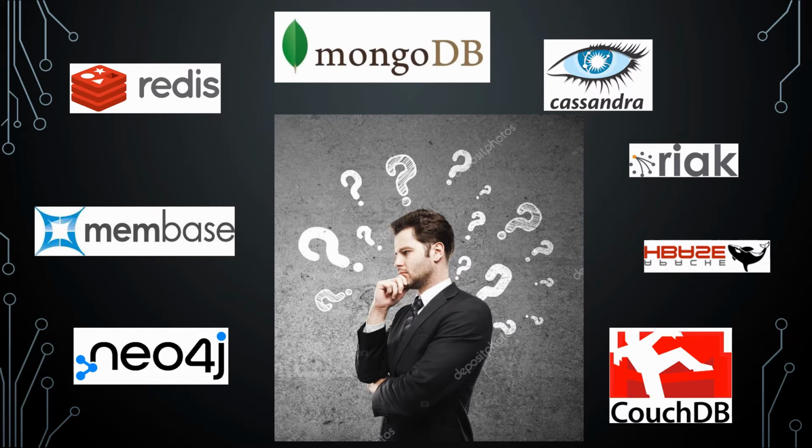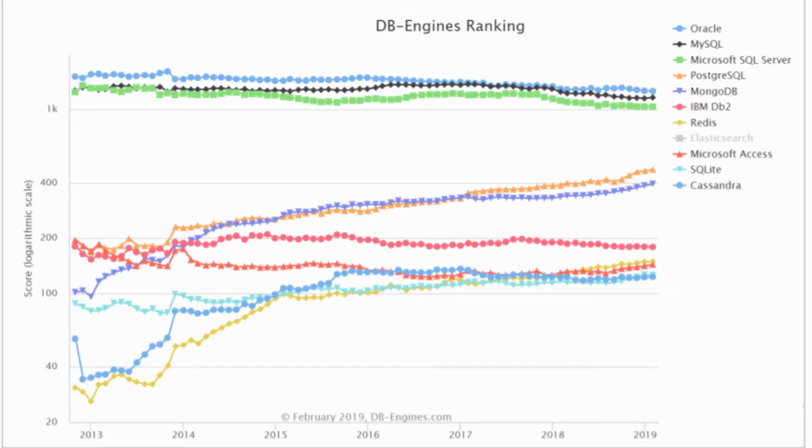MongoDB, Cassandra, Riak, HBase, CouchDB, Redis, Membase, Neo4j. This chart shows the DB-Engines ranking: Oracle, MySQL, Microsoft SQL Server, PostgreSQL, MongoDB, IBM DB2, Microsoft Access, Cassandra.